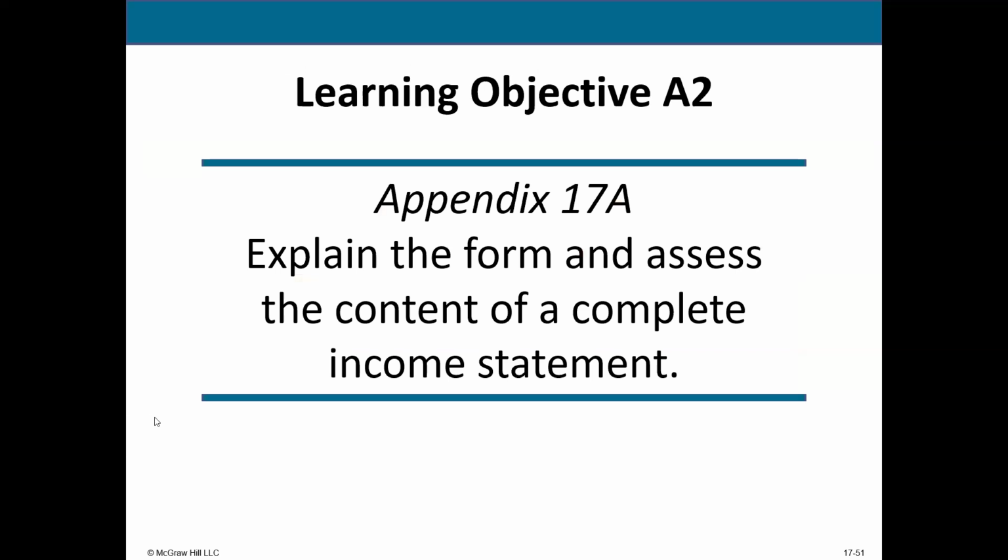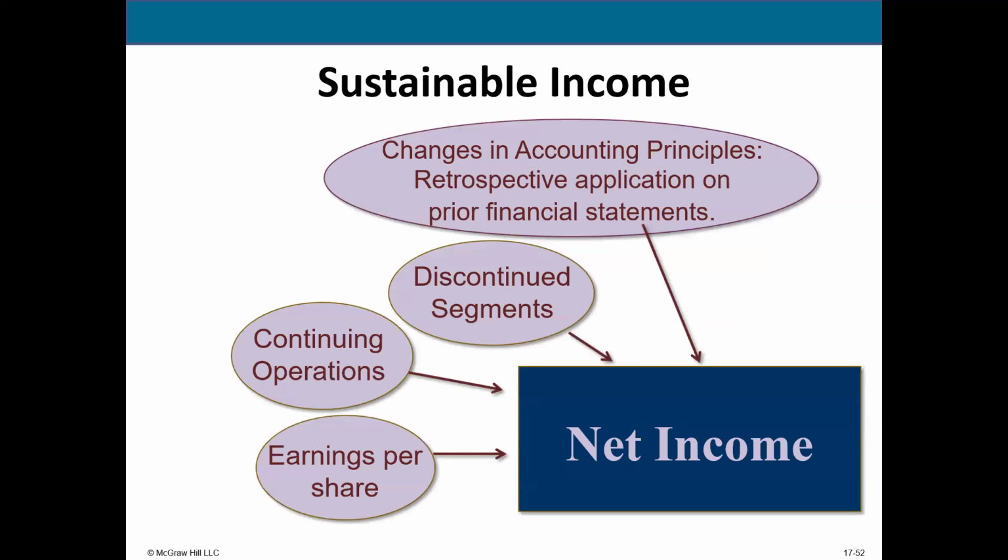It's also important to understand that companies need to be able to continue operations into the future. And so, to understand that, we look at this concept called sustainable income. When it comes to sustainable income, we look at the overall net income and how net income is derived. Net income comes from a couple different areas.